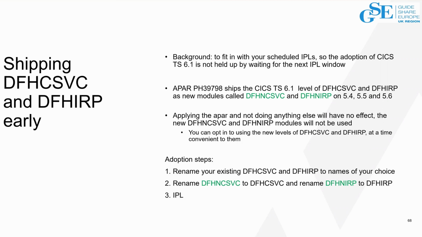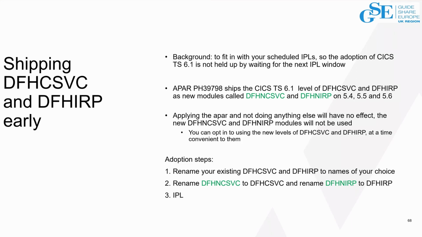But if you want to get hold of the 6.1 functions early in order to fit in with, for example, your IPL schedule, and you're, for example, running on 5.6 with this maintenance, if you follow the documentation, we will show you how to rename those modules to the required names, and then you can IPL, and now you've got the 6.1 CSVC and IRP in early, so you can take advantage of your IPL window.